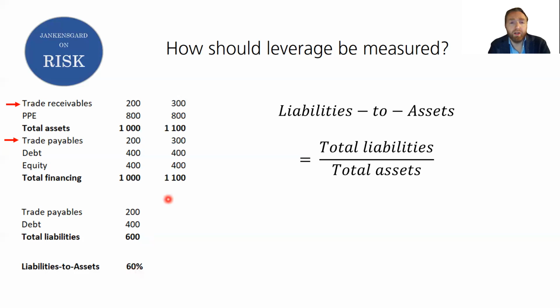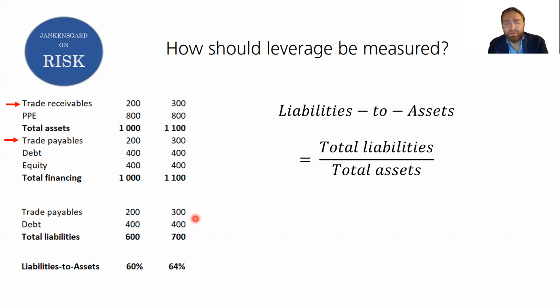Here we're introducing a very similar firm, except that trade receivables is now 300 and payables is also 300. So again, balancing out, self-financing nicely there. If we compute the total liabilities, in this case, it's a larger number than before. So liabilities to assets would go up to 64% now, signaling an increase in risk.